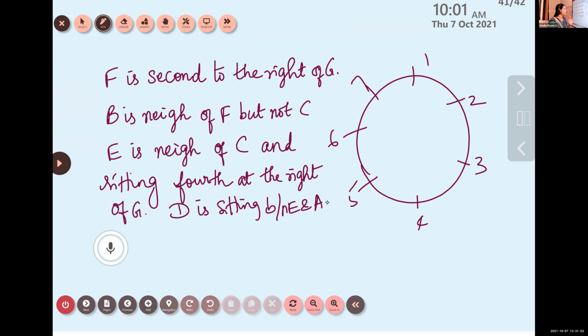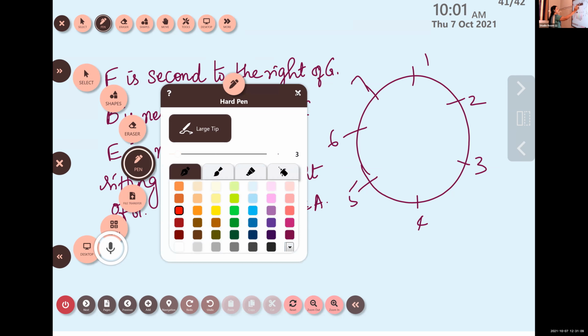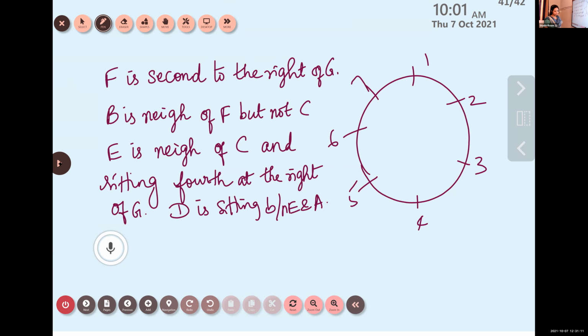So 7 friends are there, A, B, C, D, E, F, G. Then what else is given? F is second to the right of G. Okay, so first, second.